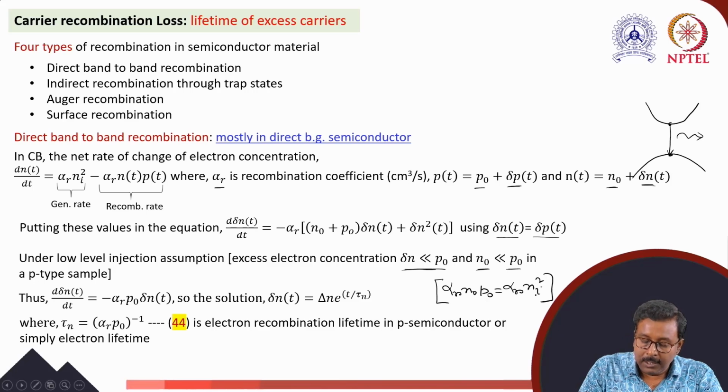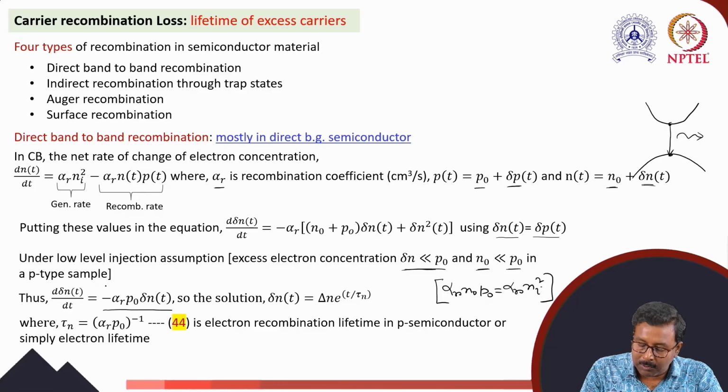So using this, the ni square terms related to these two will be cancelled out, and after putting these assumptions, you are reaching this expression.